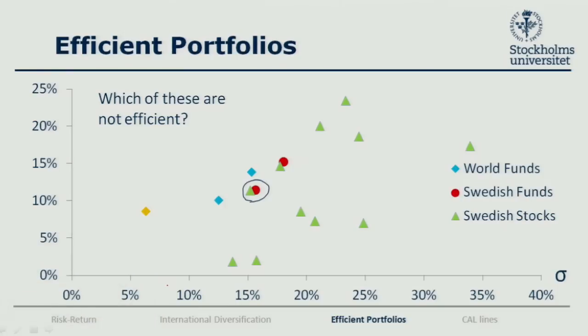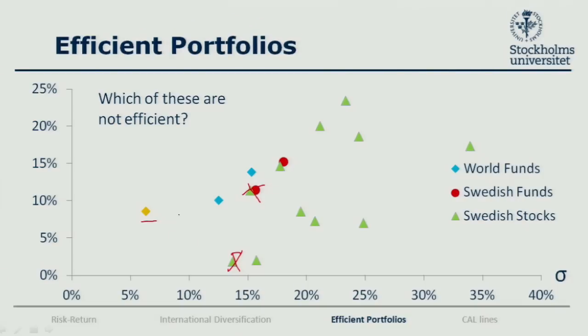Doing like this, we could cross out most of these, in fact. So these two, for example, they are not that good because we have one of the funds above, the World Fund, which has the same risk but higher return. This one here is not good because we have a World Fund, or both of the World Funds with the lowest risk are less risky and higher return.